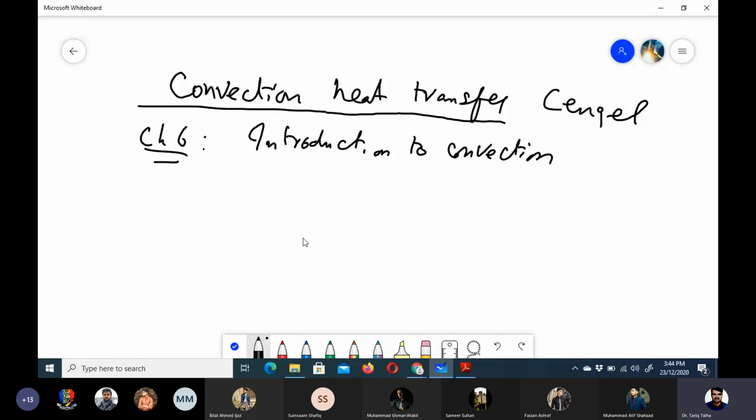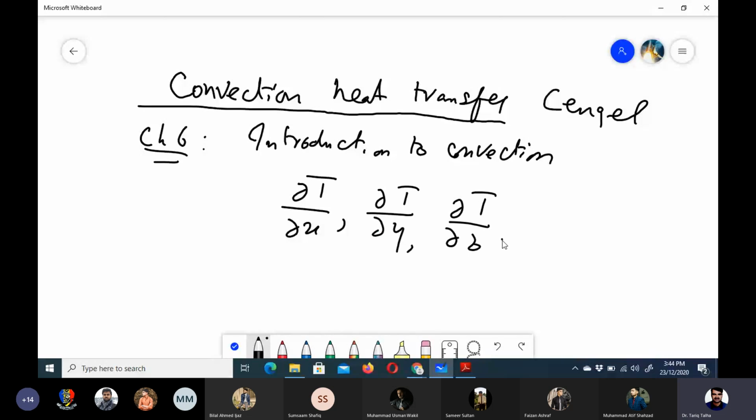As I told you in the beginning of this course, in conduction problems, partial T by partial x, partial T by partial y, partial T by partial z, the determination of the temperature field is the major challenge, which we discussed in chapters number 3 and 4: how to calculate temperature for different kinds of applications, right? Temperature as a function of x, y, z and t.